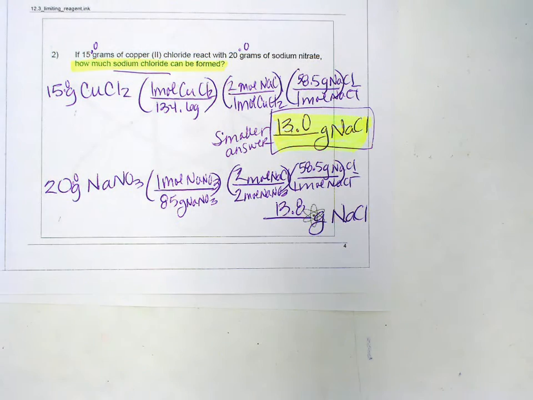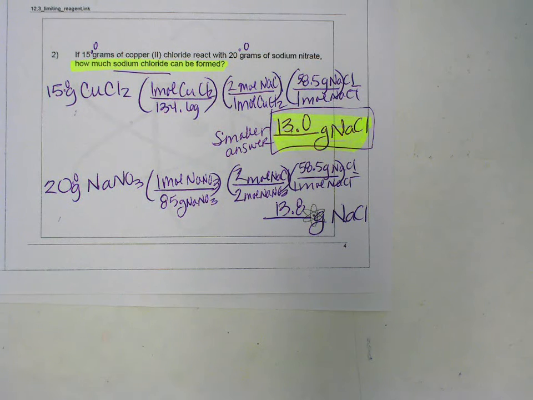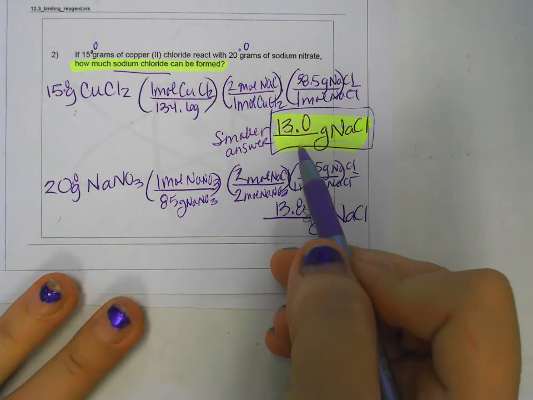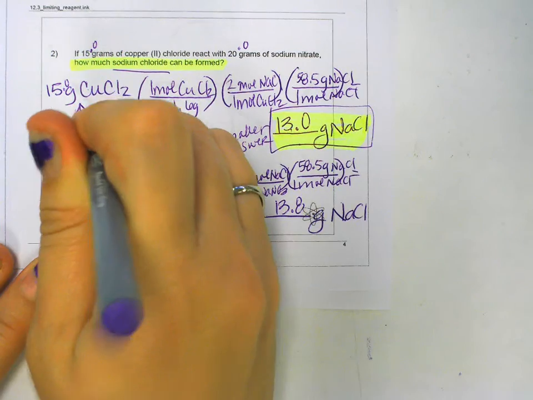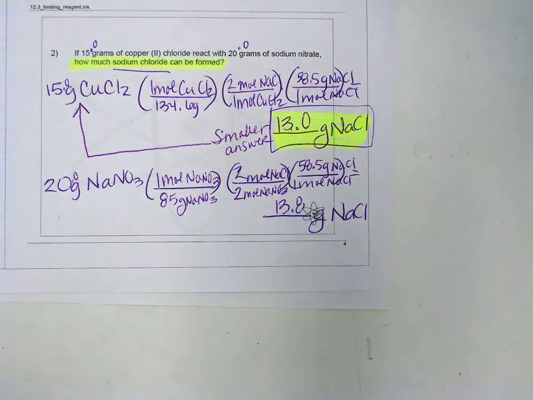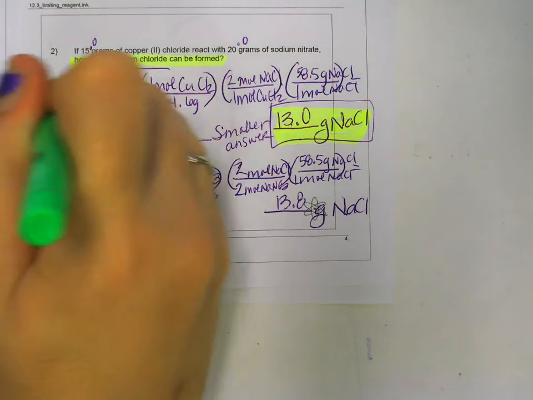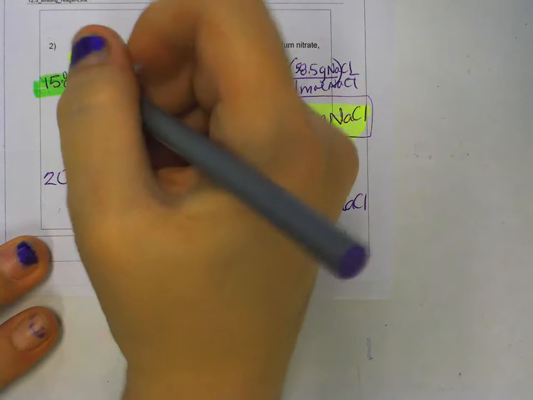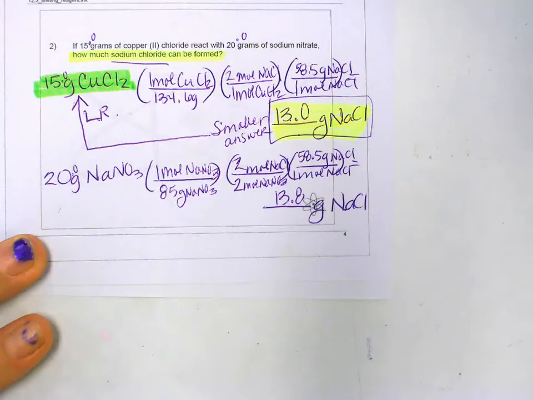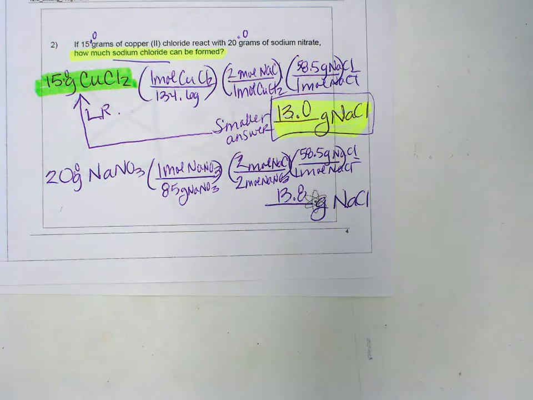These two things are going to react until one of them runs out, right? By choosing this as the answer, that means this guy here, 15 grams of copper chloride, that was the limiting reagent. Okay, keep going here. What does it tell me about this guy?